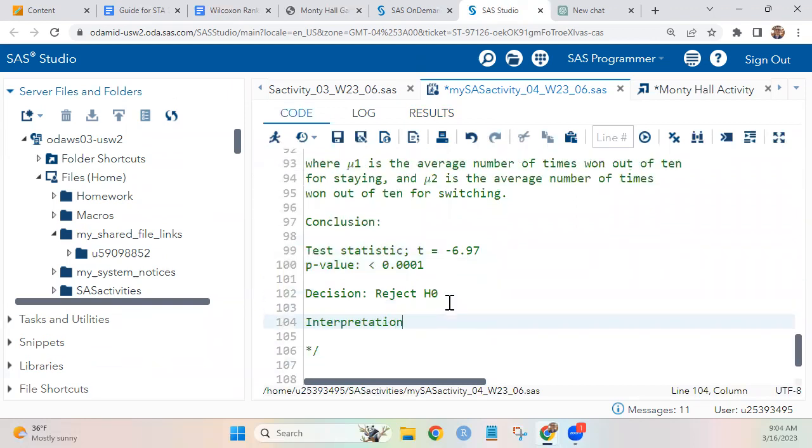Which, as a reminder, this whole thing is not valid because the assumptions were not met, but we're proceeding as if they were met.